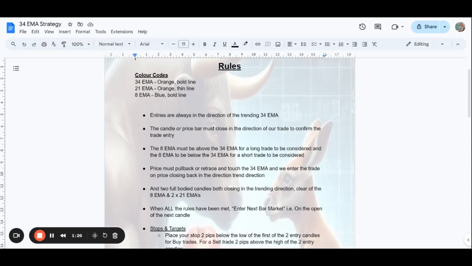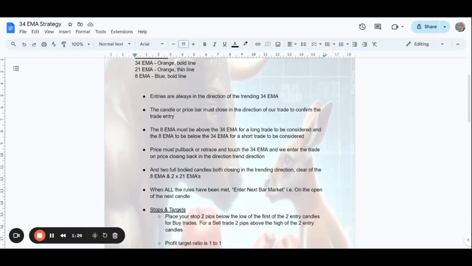So rule number 1, entries are always in the direction of the trending 34 EMA. So if we're trending in an upwards direction, we're always going to be trading bullish, and if it's trending towards the down, then we're always going to be looking for what we term as bearish or sell trades.